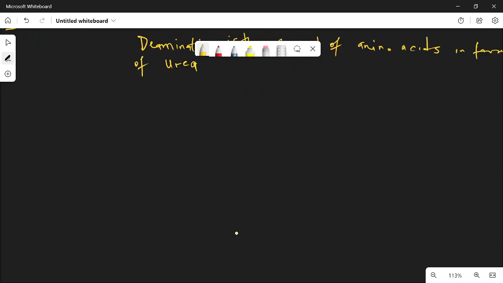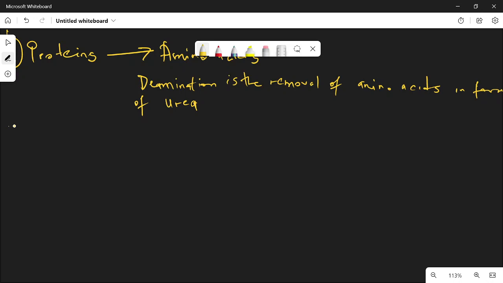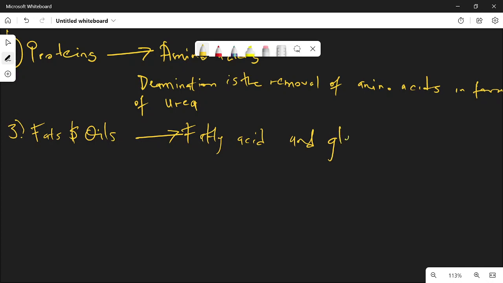And then the third one is the lipids, fat and oils. This one is broken down to fatty acid and glycerol.